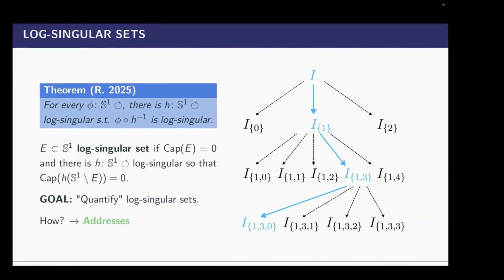I call the address of this interval these numbers here, which tell you in your partition what order you are following in each step. So for instance here, if we wanted to go to this interval, we would need to choose first the second one that appeared, then the fourth one, and then the first one that appears.